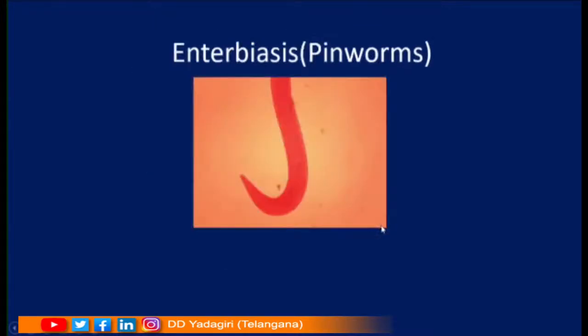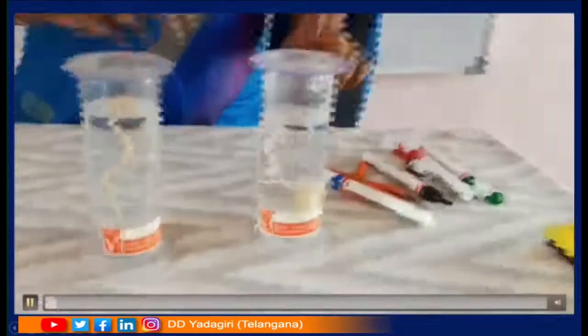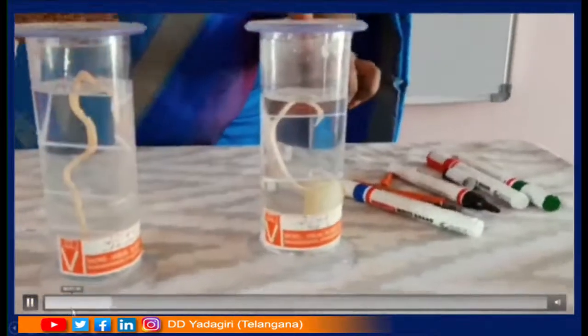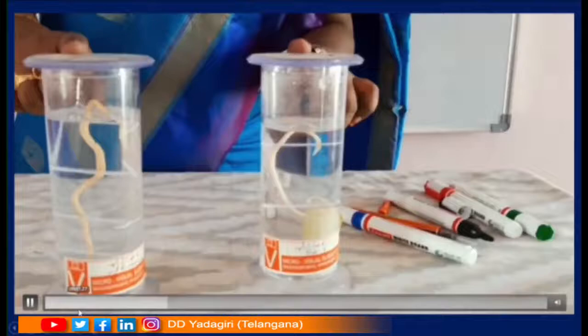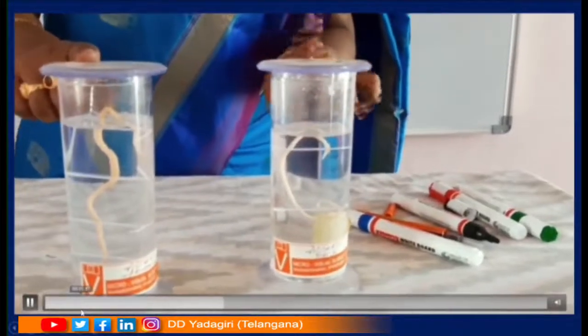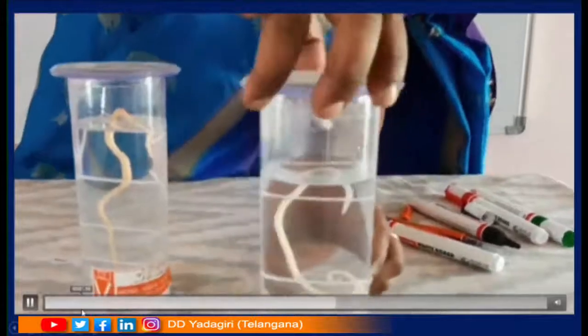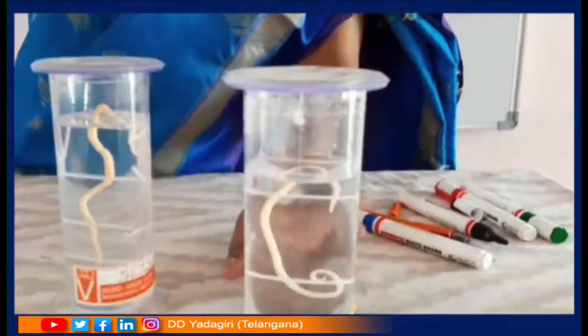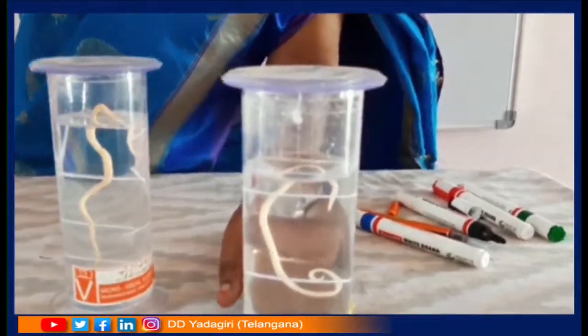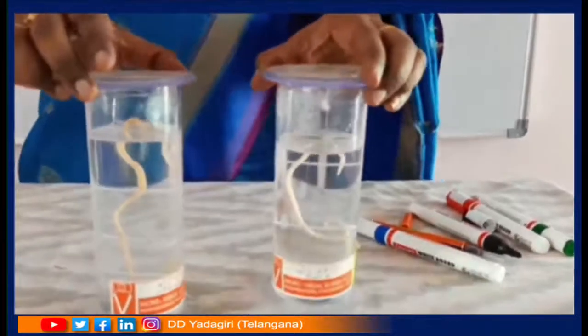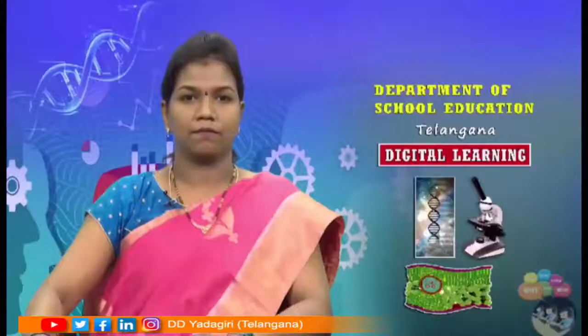So, enterobiasis, that is pinworm. So, this is male Ascaris, children, this is female. Now, the male is shorter than the female and has a pointed tail. You can see the pointed tail, right, children? So, this is Ascaris lumbricoides.